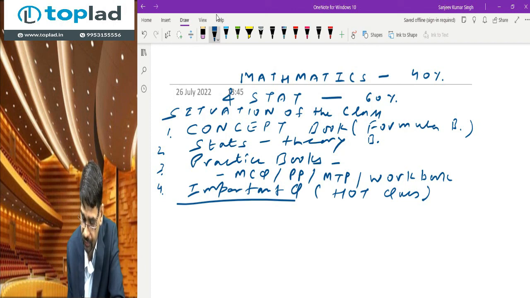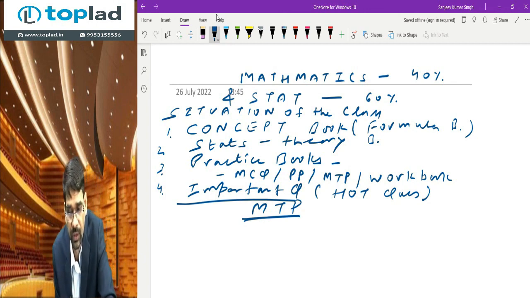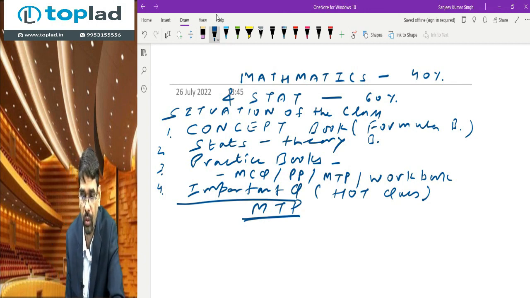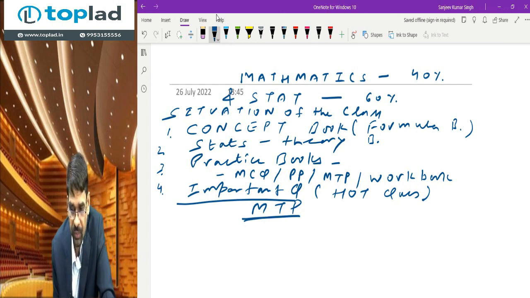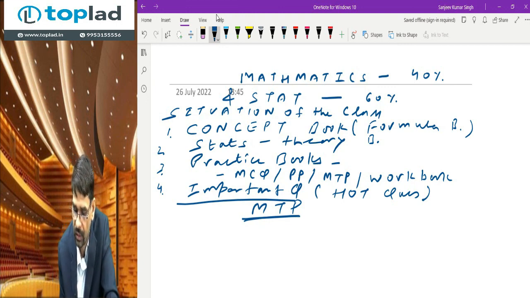Our institute provides different mock test papers before going to the exam. In every attempt, our institute provides mock test papers.